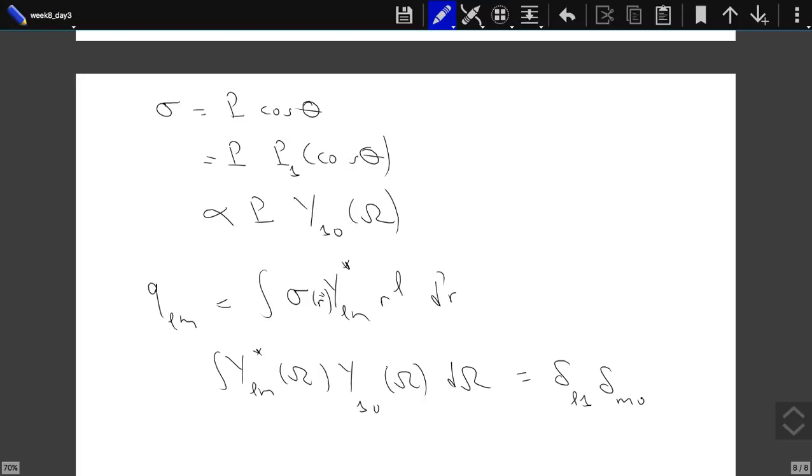Just noting that only the Q10 is non-zero, once you realize that, you don't have to put the charge density in the integral of the electric field or the potential and try to evaluate that integral. You already know the answer. You will also be given the expressions for the spherical harmonics, Legendre polynomials, etc., their orthogonality, and so on.